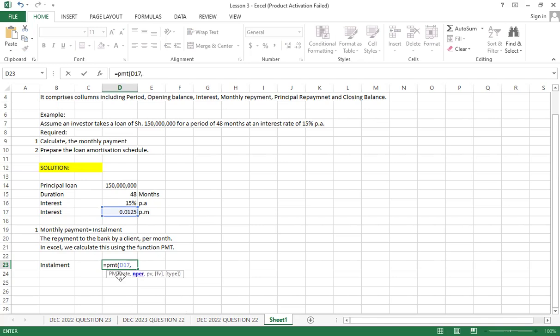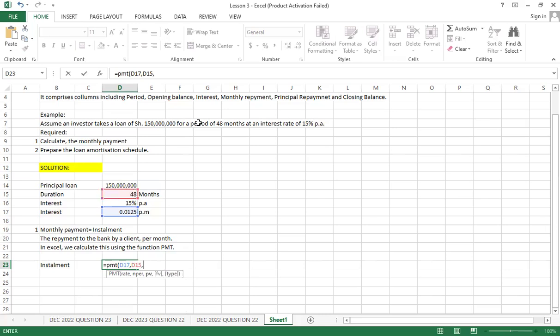We are then told that we have N per. If you remember in the previous lessons, I've always said that the per is the short form of what? Period. So you follow that with the period or duration, which is this 48 months. So I highlight that 48 months, again comma.